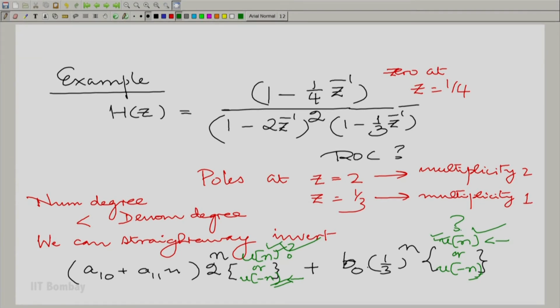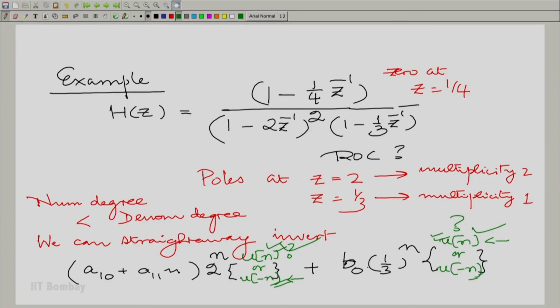So, for ROC 1, you would choose the u[minus n] form for both. For ROC 2, you would choose the u[n] form for 1/3 to the power of n and the u[minus n] form for the 2 to the power of n term. And for ROC 3, you would choose the u[n] form for both. So, that makes it clear how we make a choice between the u[n] and u[minus n] term.